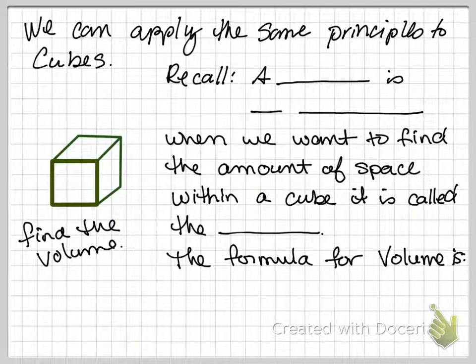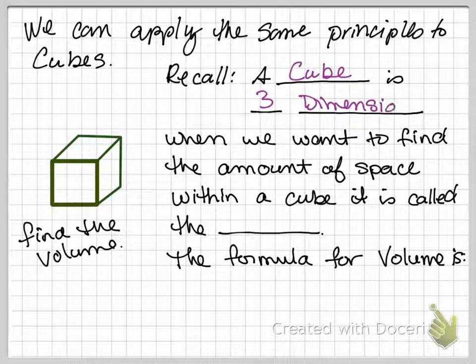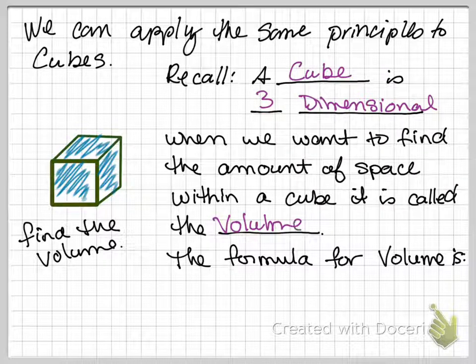All right, so let's apply the same principle to cubes. A cube is a three-dimensional object. So when we want to find the amount of space that the whole cube takes up, this is called finding the volume of an object.